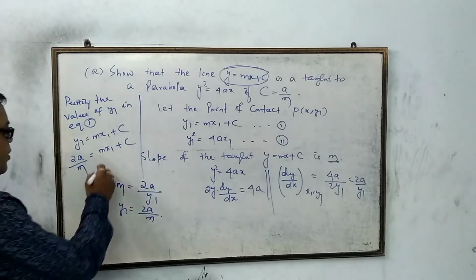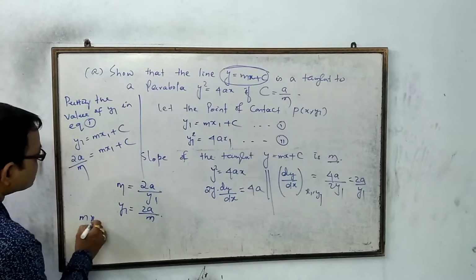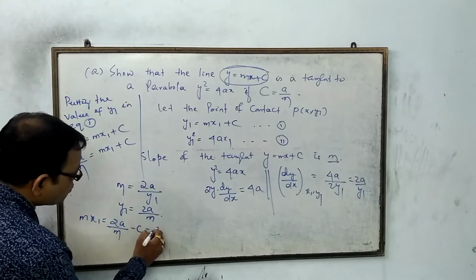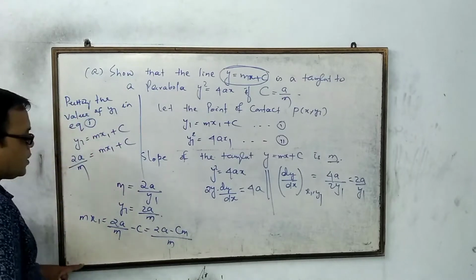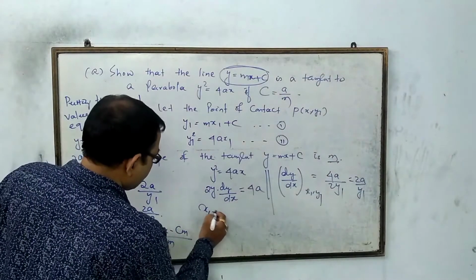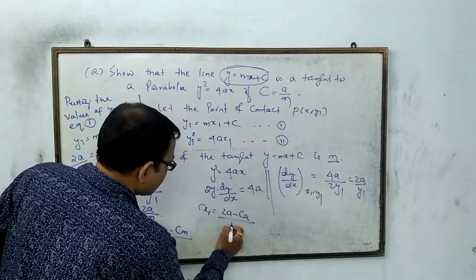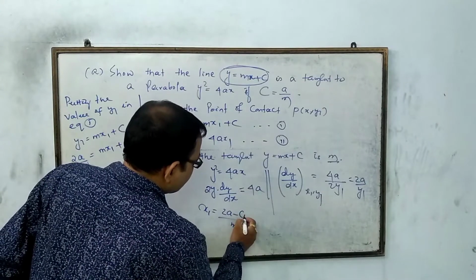So mx1 equal to 2a by m minus c, that is 2a minus cm by m. So x1 equal to 2a minus cm by m square.